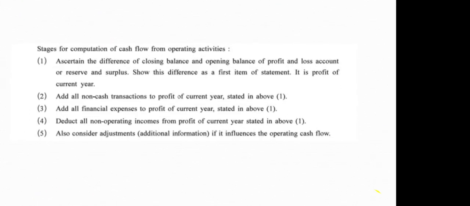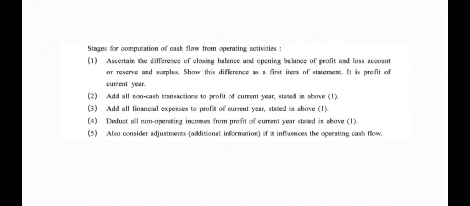Stages for computation of cash flow from operating activity, as I have just discussed with you: ascertain the difference of closing balance and opening balance of profit and loss account or reserves and surplus. Show this difference as the first item of statement. It is profit of current year. As I said, that profit of current year we have to take first. Then add all non-cash transactions of current year.